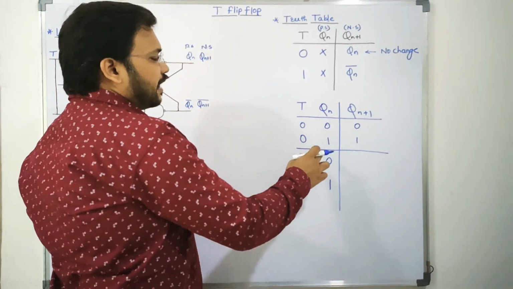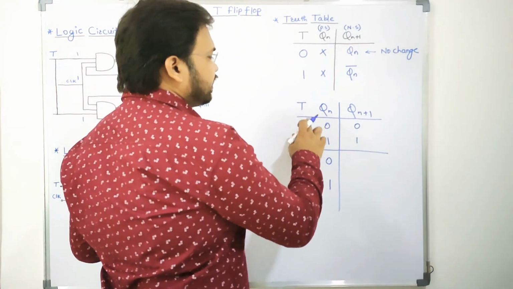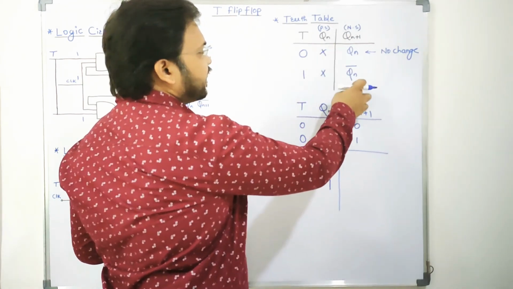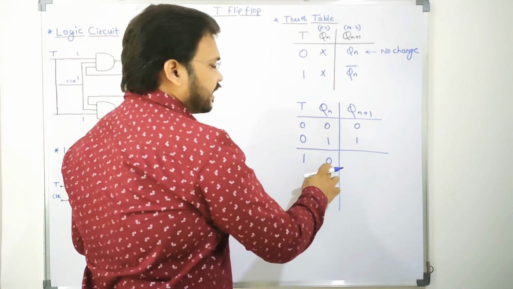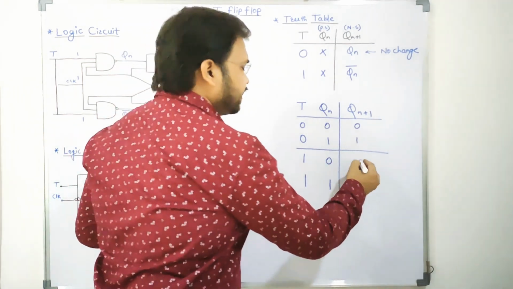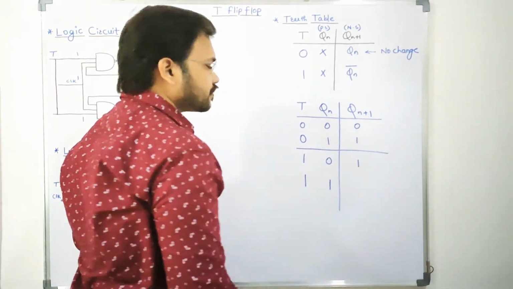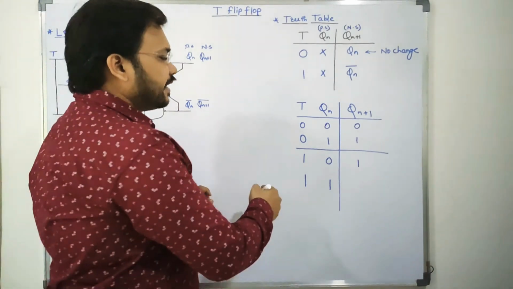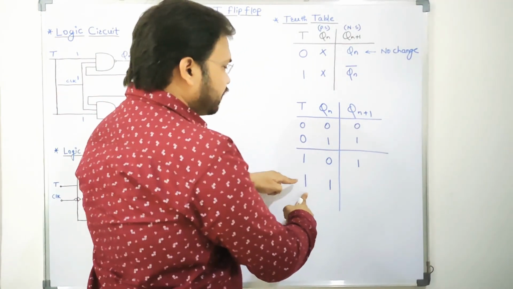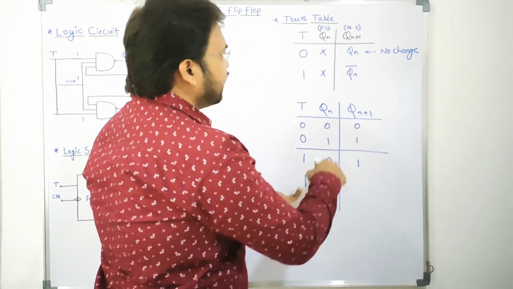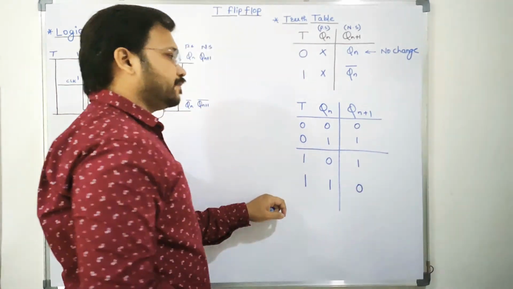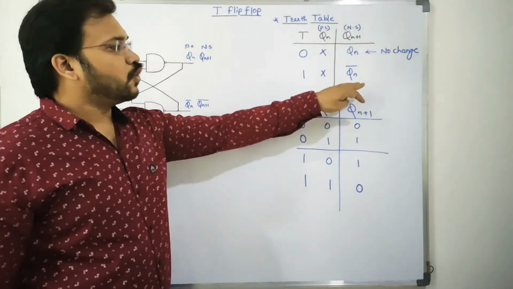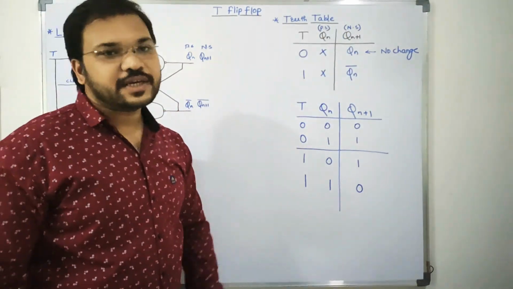Next, as we know that Qn bar, here we are getting the Qn bar, meaning if we apply 1 here and 0, we will get 1. And next, when we apply the clock with t equal to 1 and Qn equal to 1, we are getting 0. So this is the modification to this particular truth table.